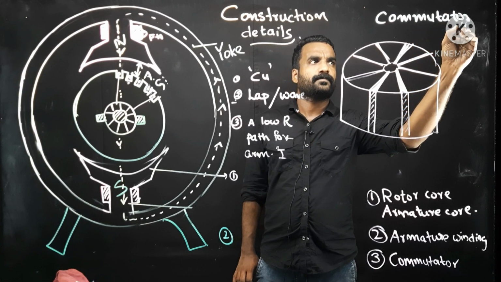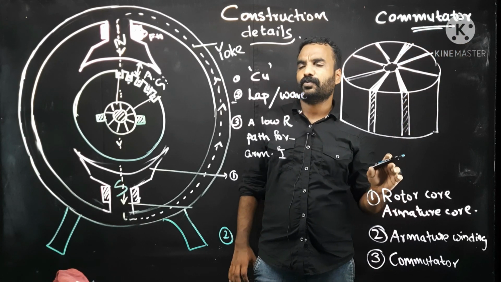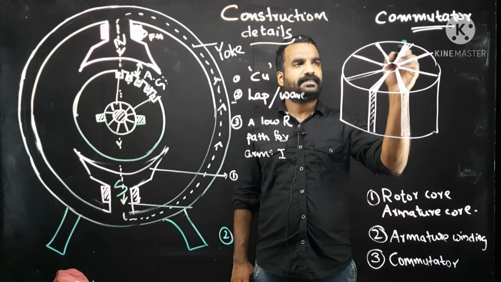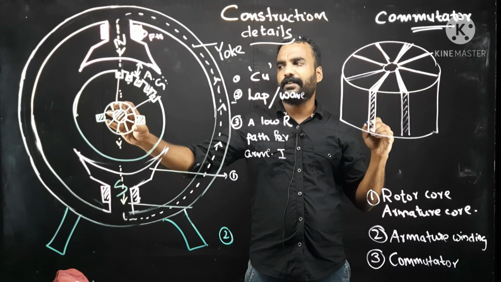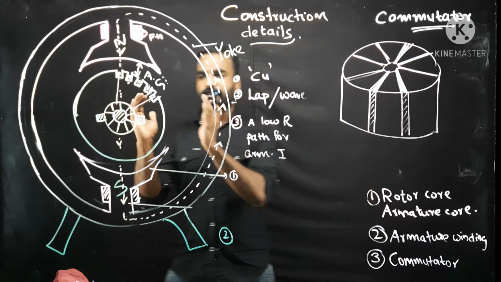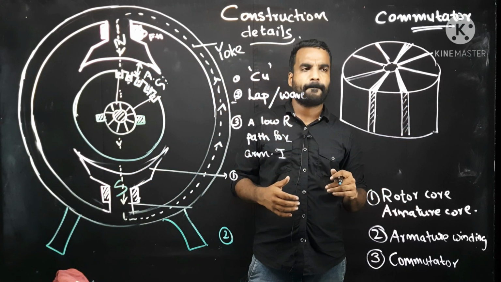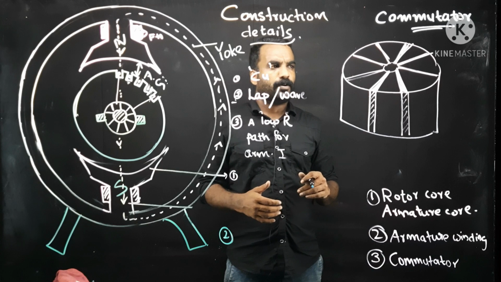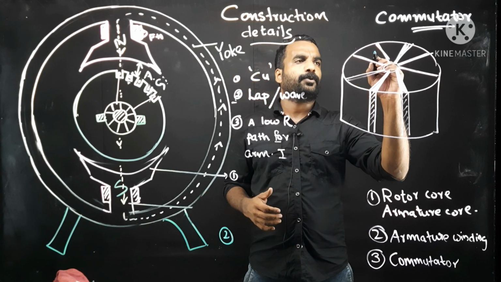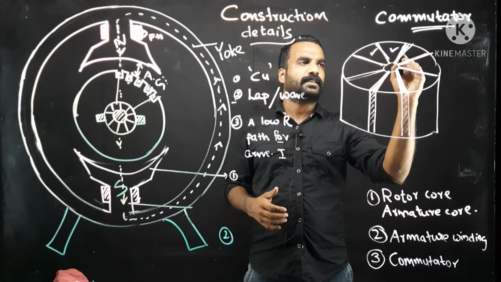Okay, so this is the commutator. This is the side view, and this is the round area that we are seeing from the front view. This is the front view of commutator, and here the side view is also shown. You can see a number of commutator segments. This is one segment, this is another segment.